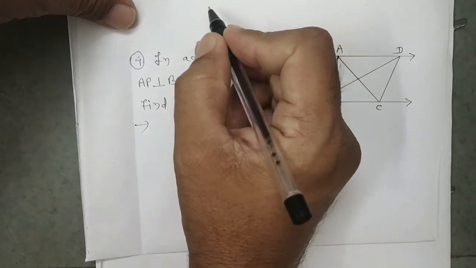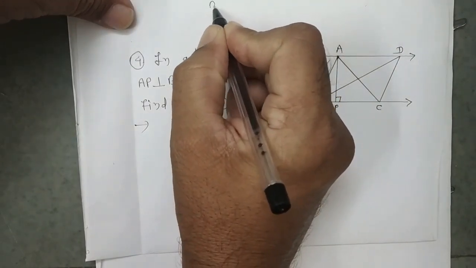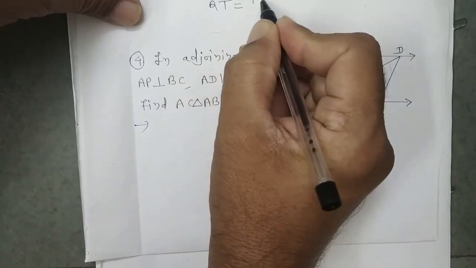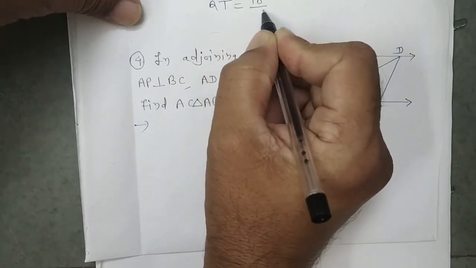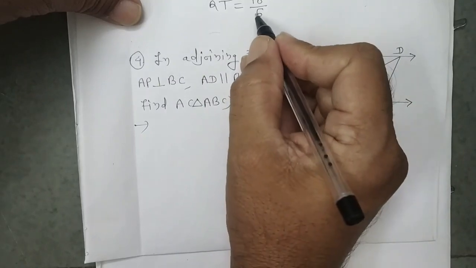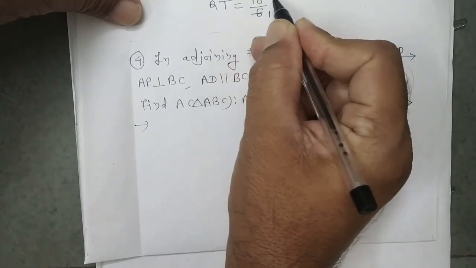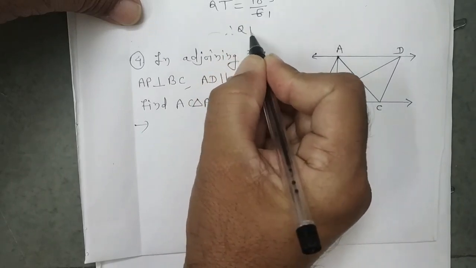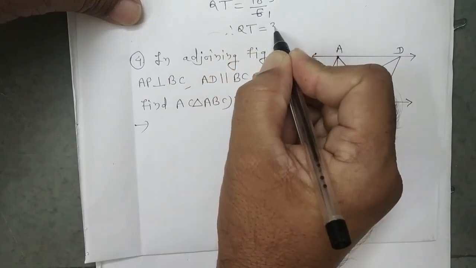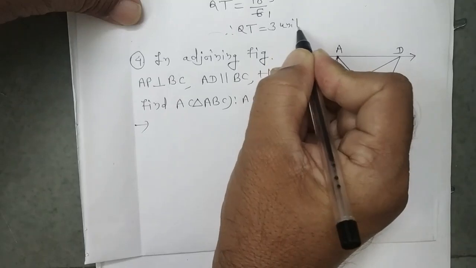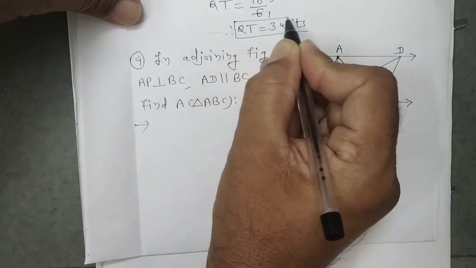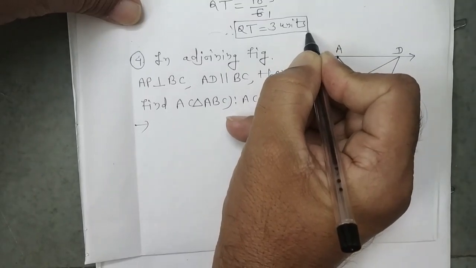Therefore, QT is equal to 18 divided by 6. Now dividing by 6, we get 3. Therefore, QT is equal to 3 units. This is the answer. Value of QT is 3.